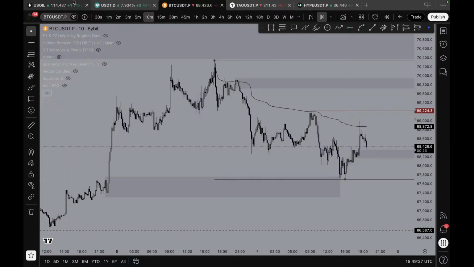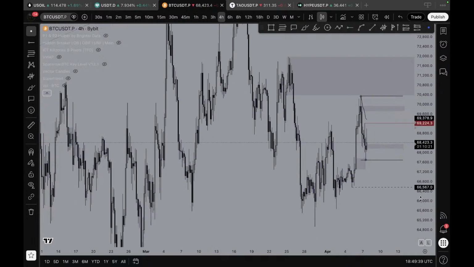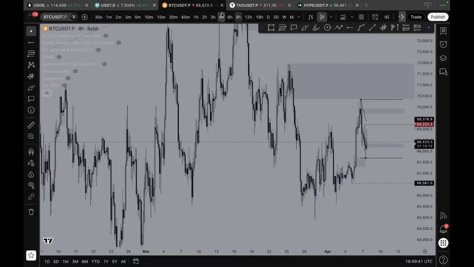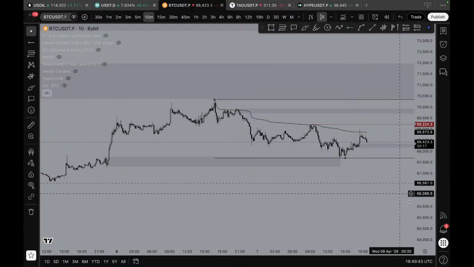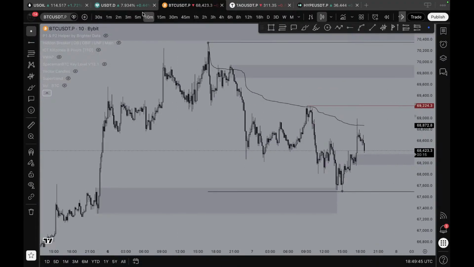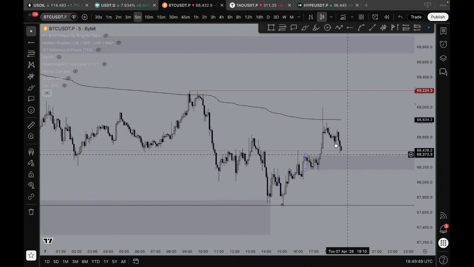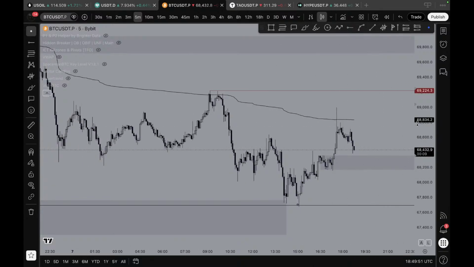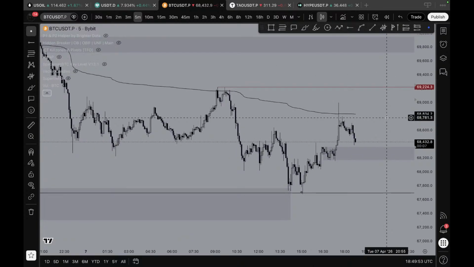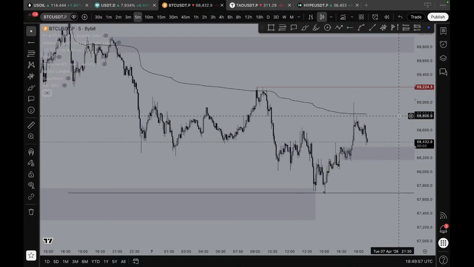So I like it best to start even at daily and then go to lower time frames. Then you have the full picture in your mind. Otherwise, if you start at the 5 and only see this, you only see a small part of what the actual context is.